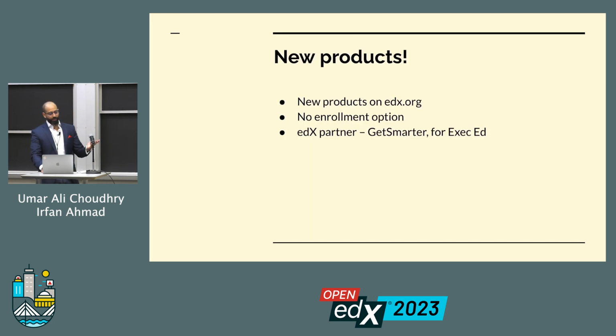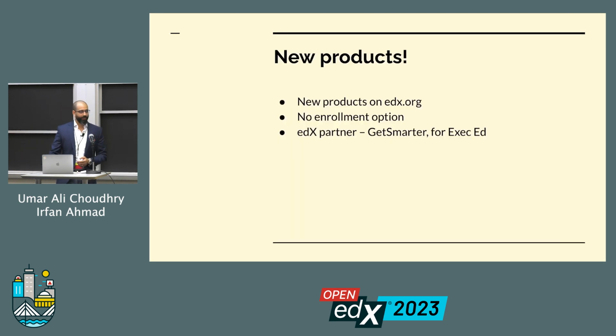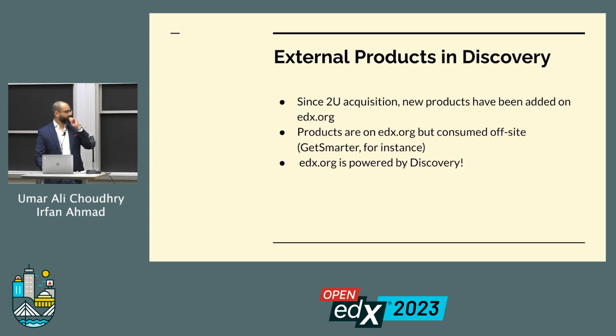So new products, like I said, regarding the new badge, we do have new products on edX.org, such as the no-enrollment option, which we just saw. And there are new edX partner onboards, such as GetSmarter for executive education. Since we're going to be talking about edX a lot, we're using edX as a case study for this.